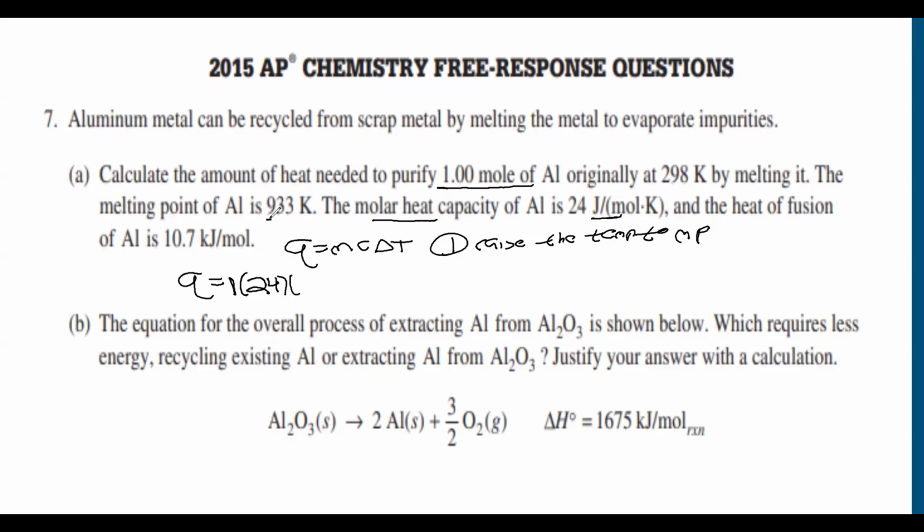Our final temp was 933 and our initial temperature was 298. So if we type in and solve for all of that, we get 15,240 joules.